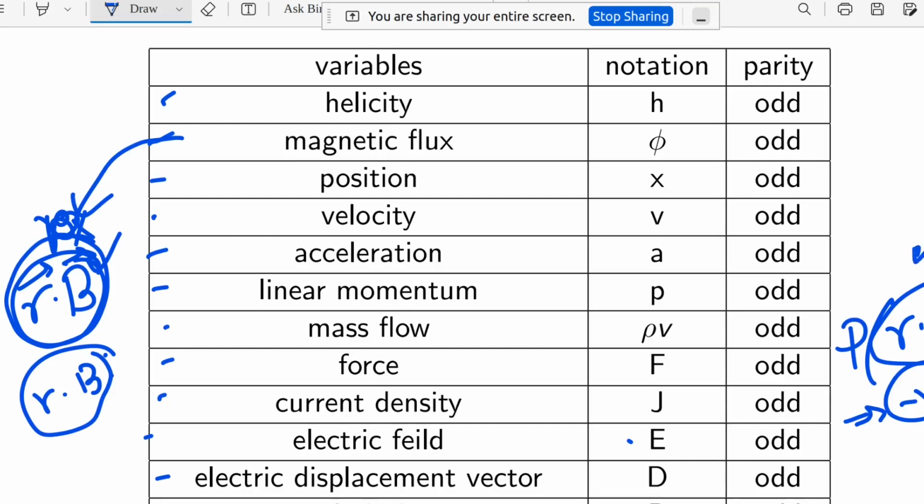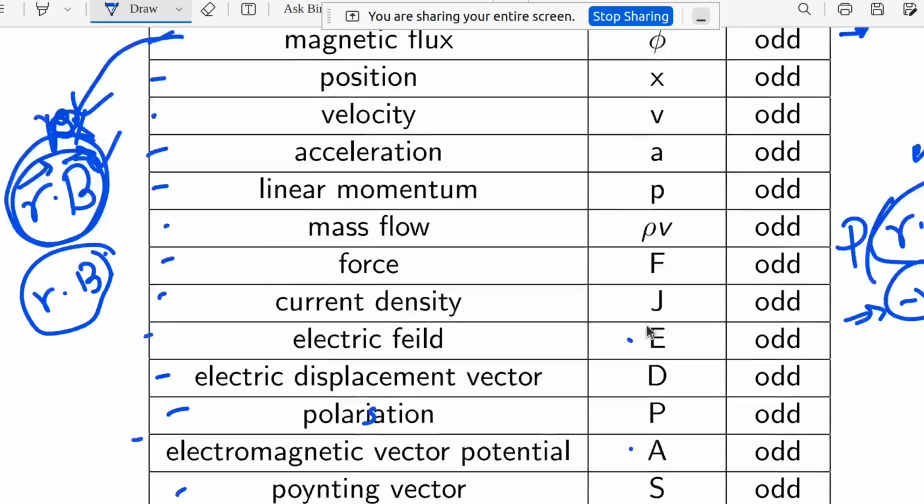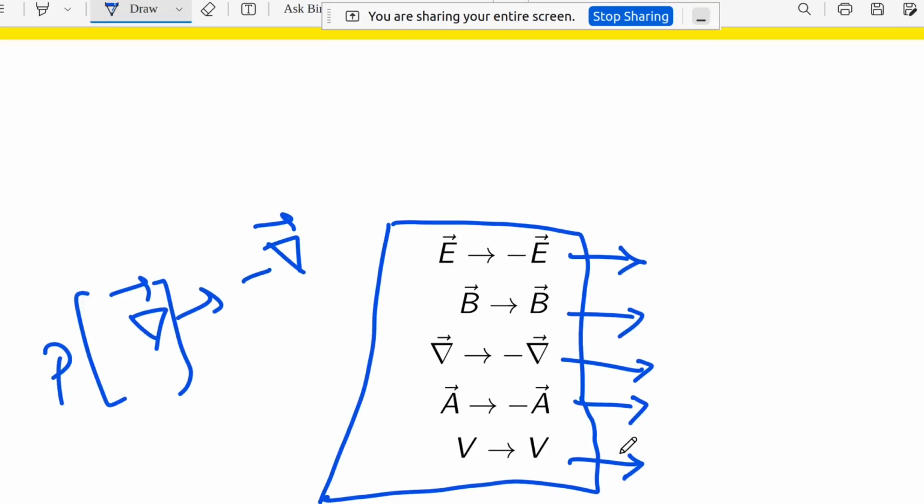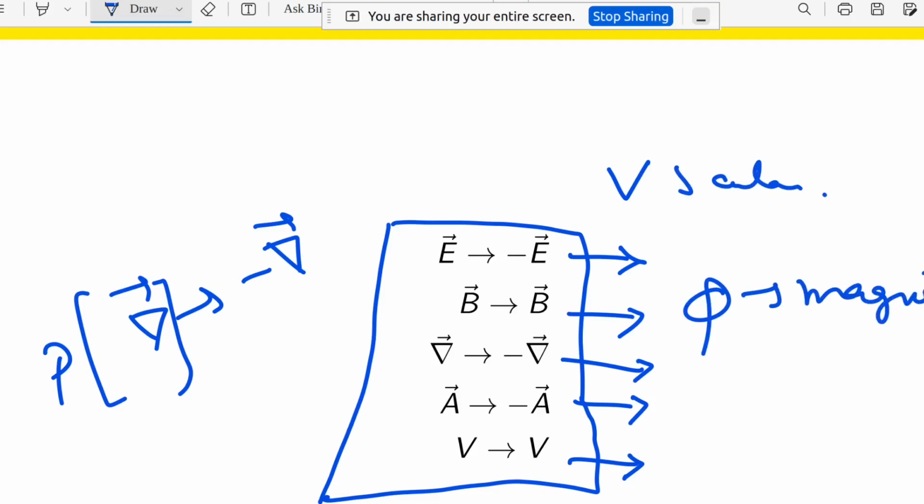So the magnetic flux is a pseudo scalar, but what about that simple electric flux, the charge flux? That is only a scalar. Whatever I was talking about, phi, I mean V, that V is a scalar, but our phi is magnetic flux, which is a pseudo scalar.